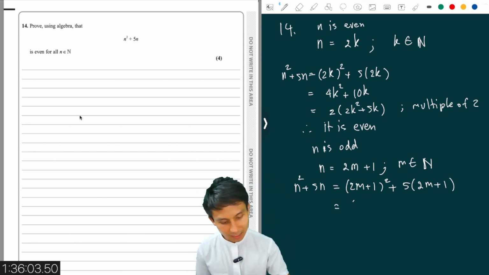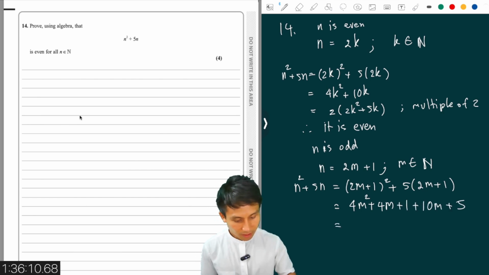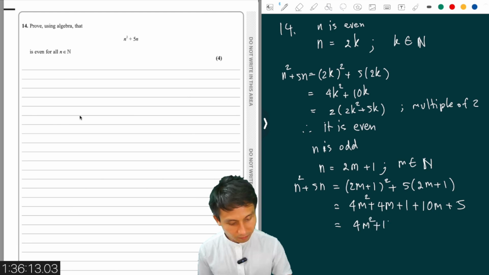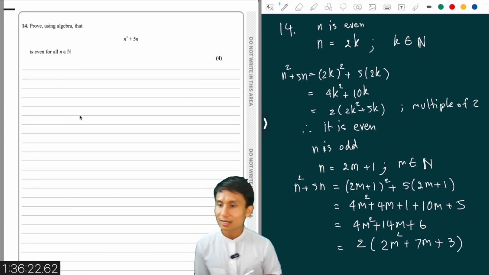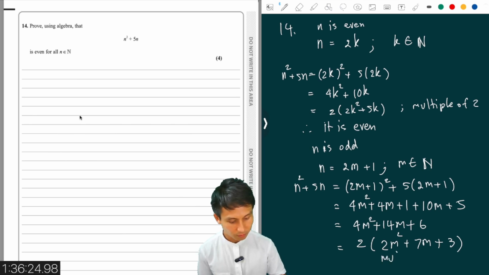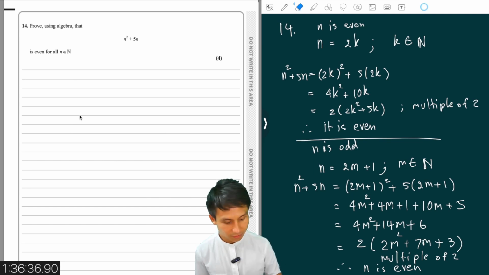So expanding that, I get 4m squared plus 4m plus 1 plus 10m plus 5. And then I have 4m squared plus 14m plus 6. Factorizing 2 out, I get 2(2m squared plus 7m plus 3). And that is again a multiple of 2. Hence, it is even.